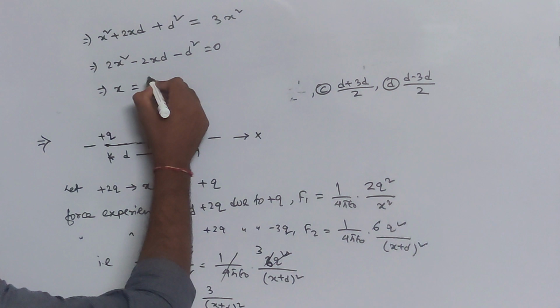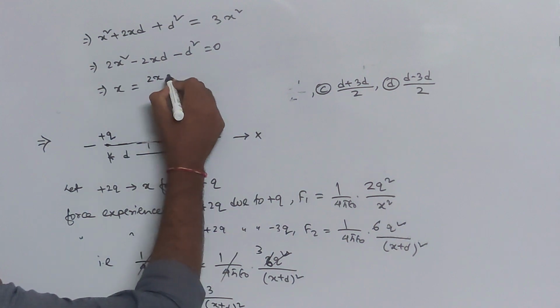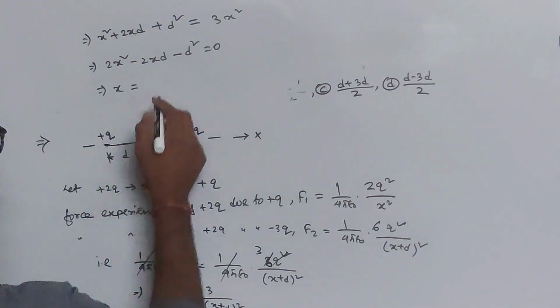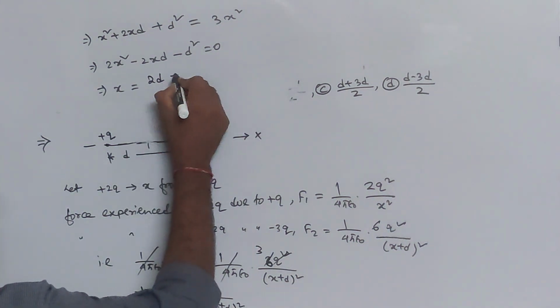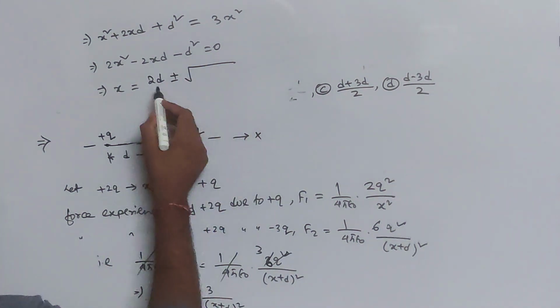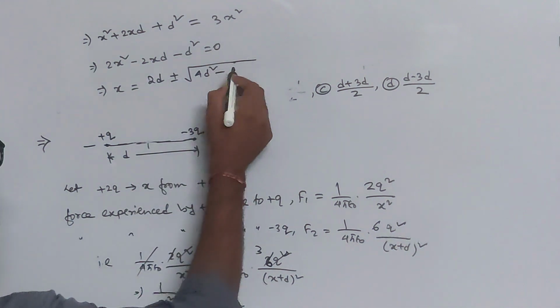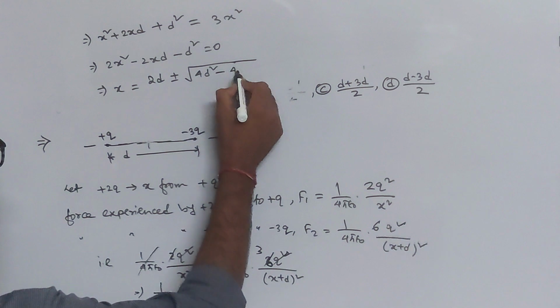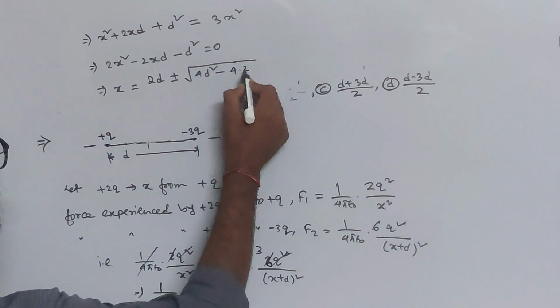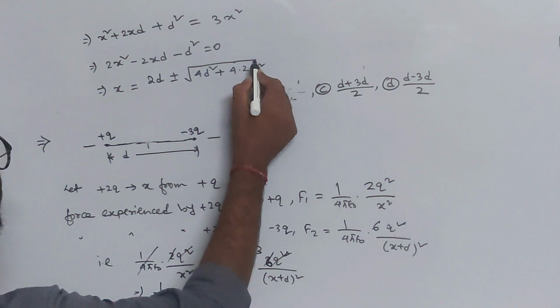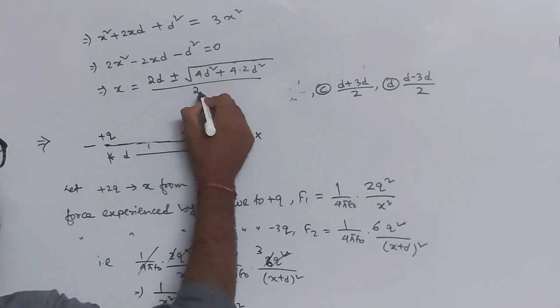Now x will be minus b, that is 2d, plus minus root of b square, b square is 4d square minus 4ac, 4a is 2, c is minus d square, divided by 2a.